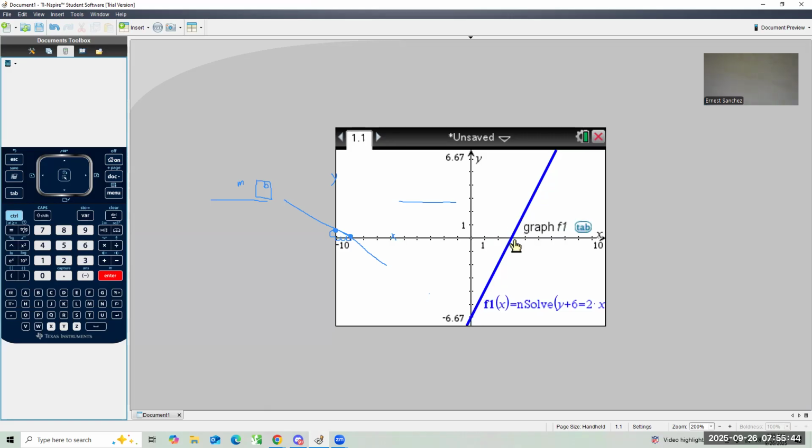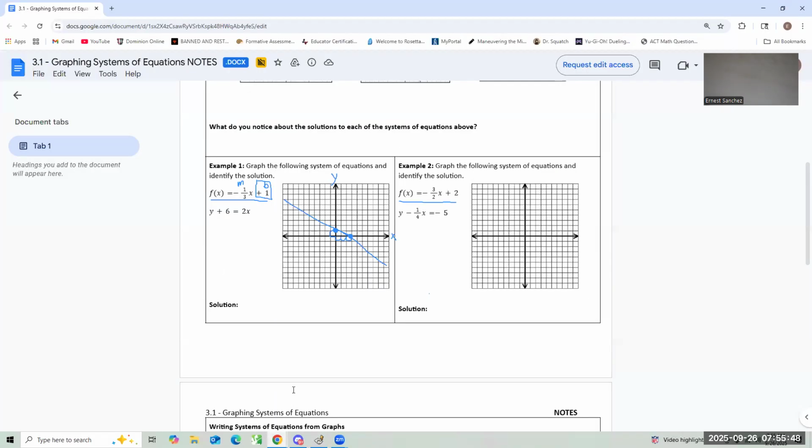So if you notice, it actually hits it right here at 3 on the x-axis. So I'm going to change to a different color. Obviously, your pencils can't do that, but I'm going to change to a different color so you can see it better. So my first point is on 3 on the x-axis, which is actually on the same point for the blue line, right?